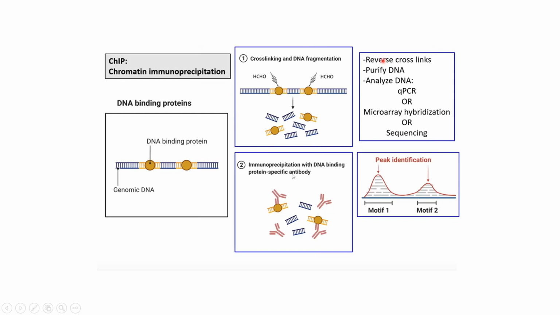After that, immunoprecipitation is done. In the immunoprecipitation, basically a specific antibody against that protein is used. For example, if you take condensin, a condensin-specific monoclonal antibody is used that binds only to condensin and not to other places.